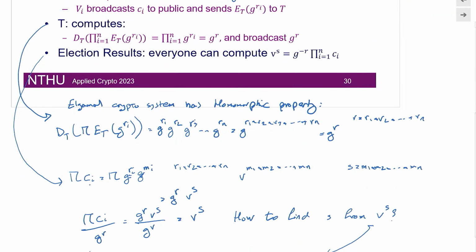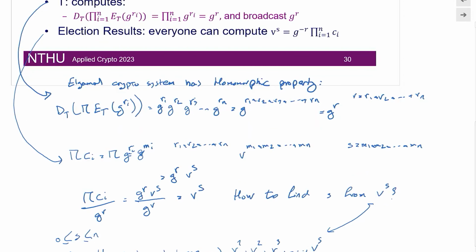And then similarly, when we multiply the commitments to each other, we get G to the power R1 all the way to Rn, and then V to the power M1 plus M2 all the way to Mn. So I define S to be the summation of these messages M1 to Mn.